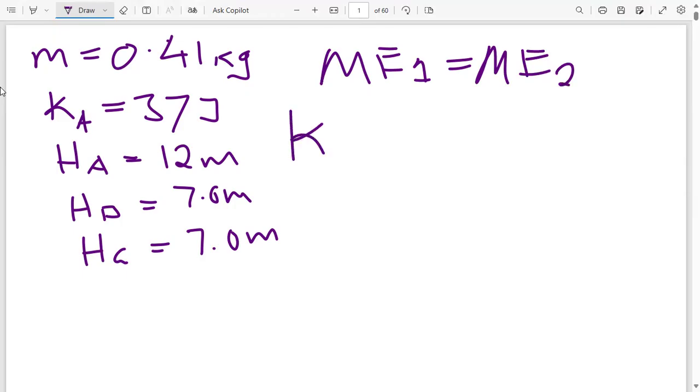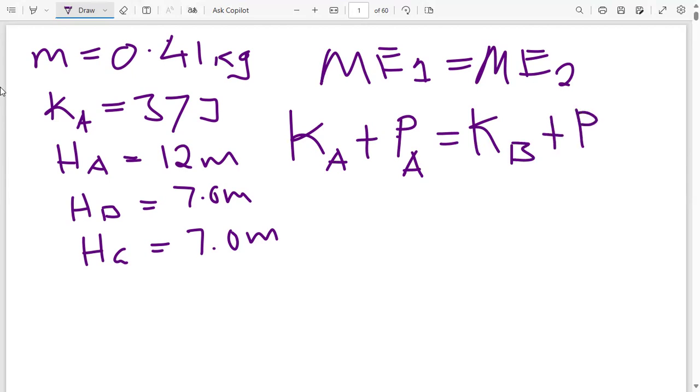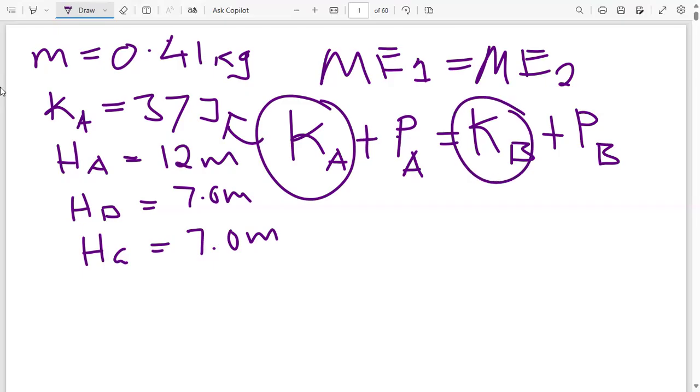It's kinetic energy at point A plus gravitational potential energy at point A. This should be equal to kinetic energy at point B plus gravitational potential energy at point B. So we know the formulas of these, and we've already been given kinetic energy at point A, which is equal to 37.0 joules. So we're just going to plug these into this formula in order to calculate the kinetic energy at point B.